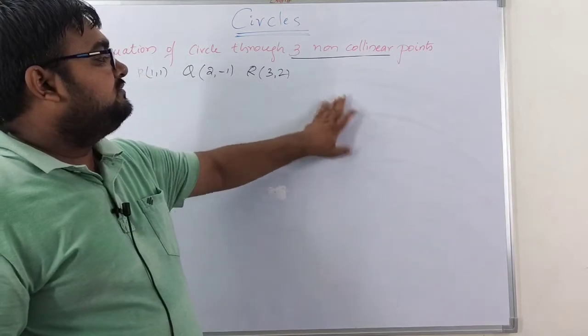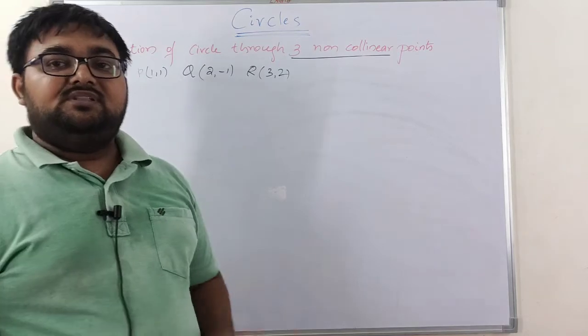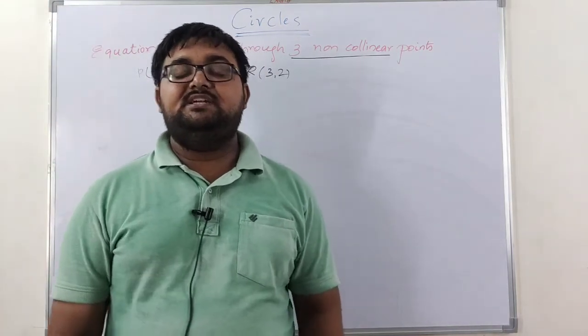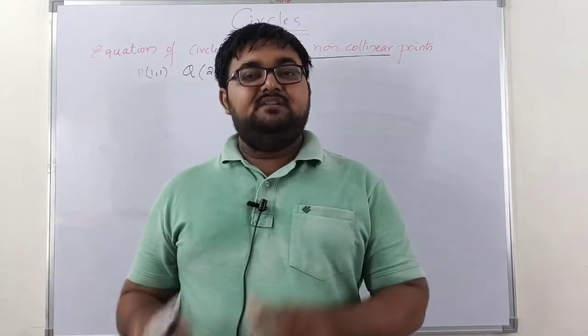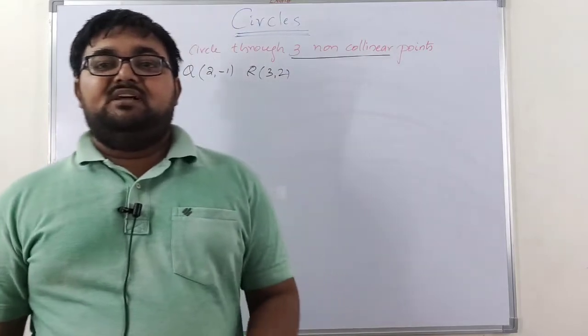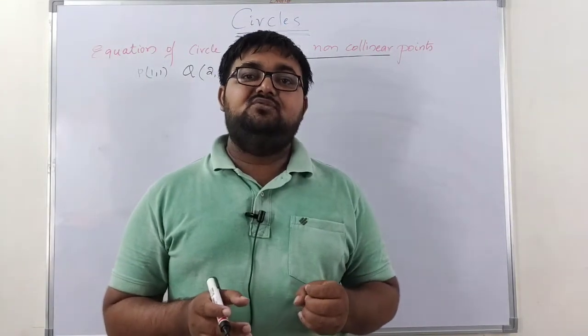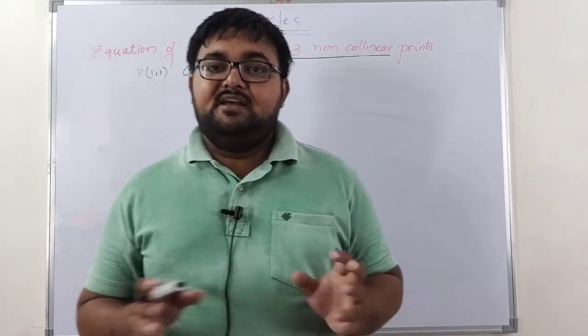See, in the previous approaches, what have we considered? In the first approach, we substituted all the points and found the equation in terms of G, F and C, and simplified for G, F and C. In the second process, we considered the center of the circle and found the distances, which are nothing but the radii of the circle, and in a circle radii are equal.